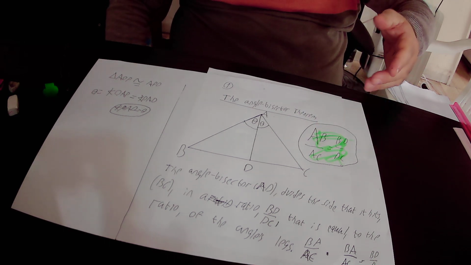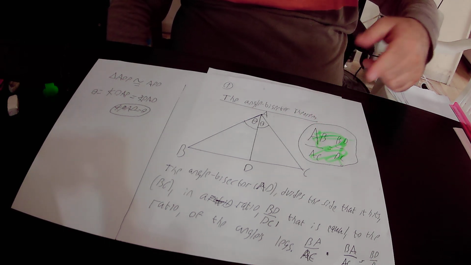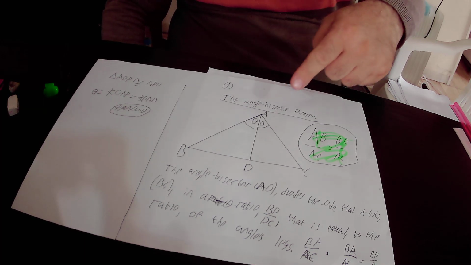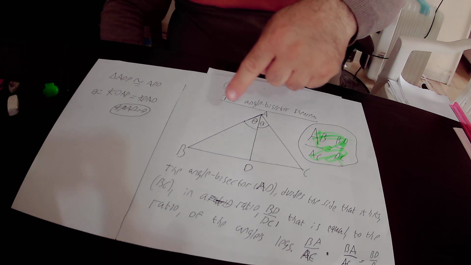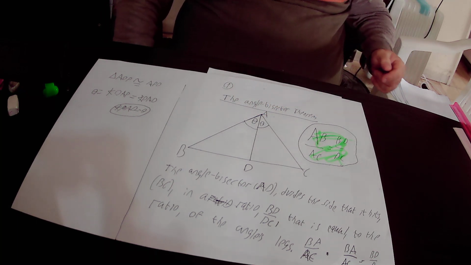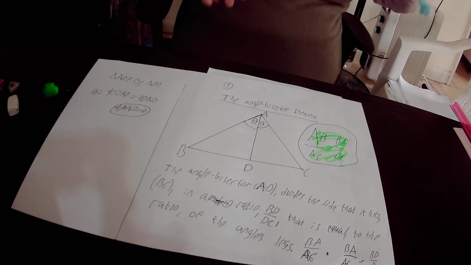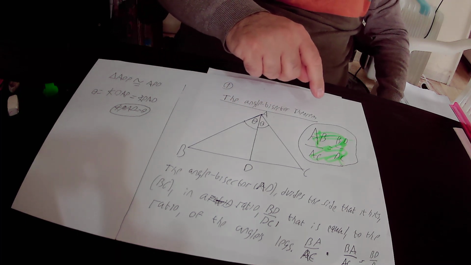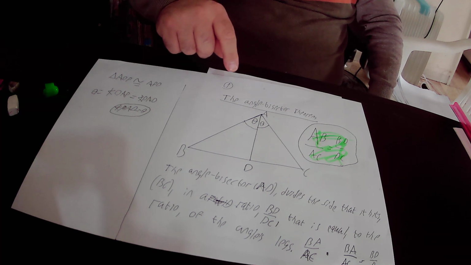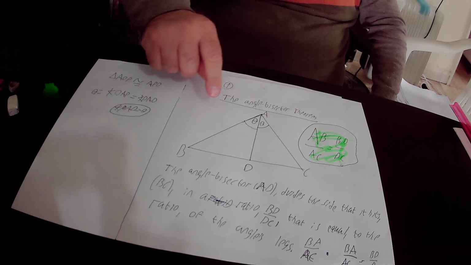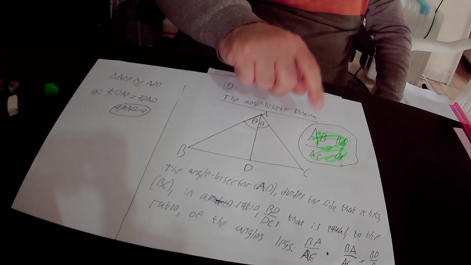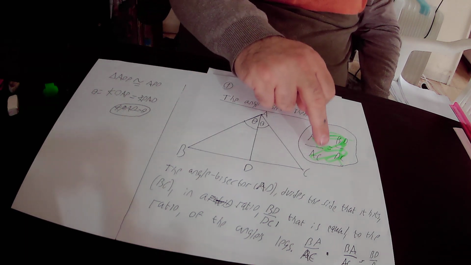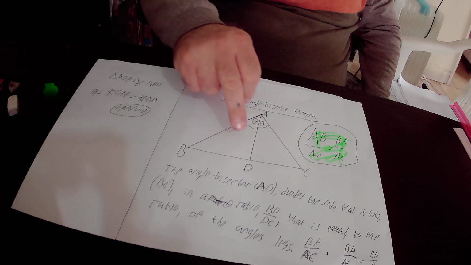So the ratio that angle bisector AD divides side BC, BD over DC, equals the ratio of the angle's legs, AB over AC. In conclusion, AB over AC equals BD over DC.